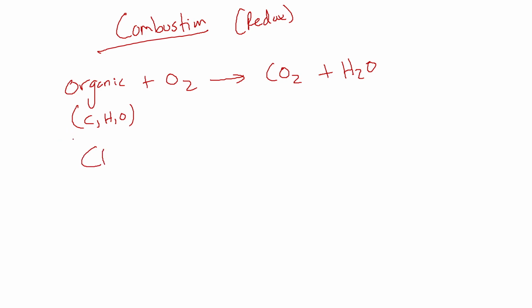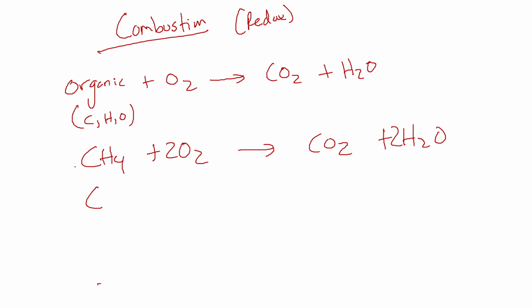So if you take methane, like you're going to light a Bunsen burner, plus some oxygen, makes a little CO2 plus some water here. And again, we could do a little balancing, like good chemistry students. You take propane, plus oxygen, makes a little CO2 plus water.